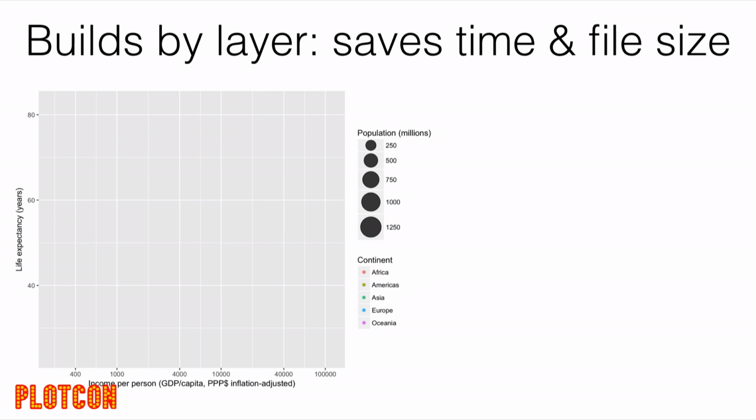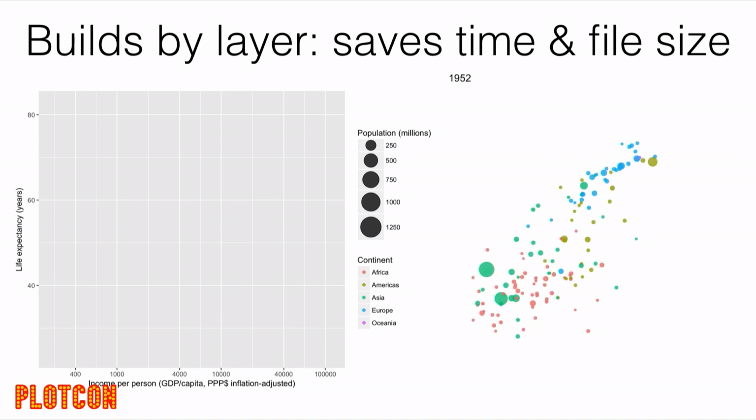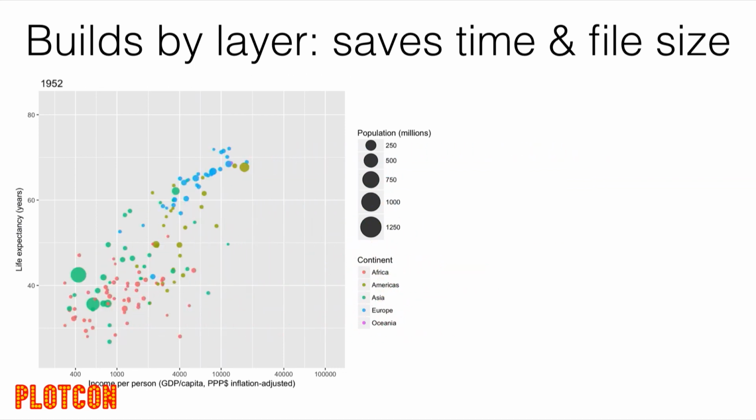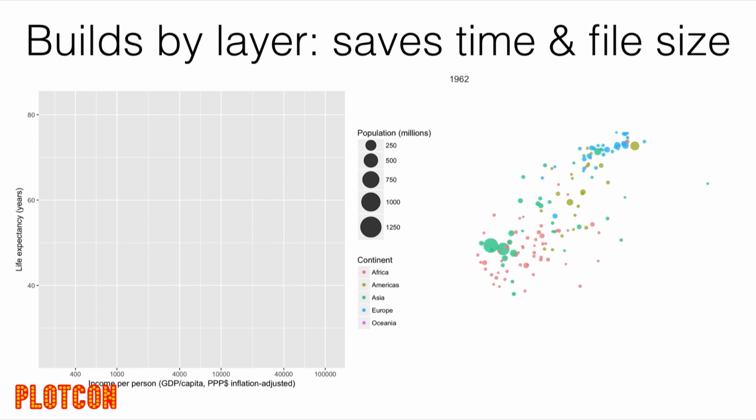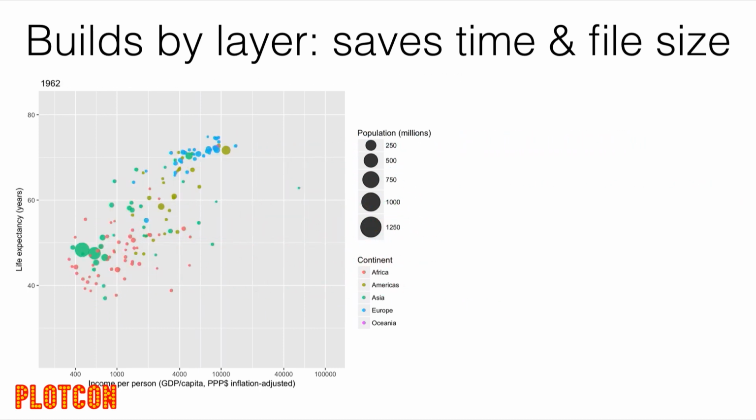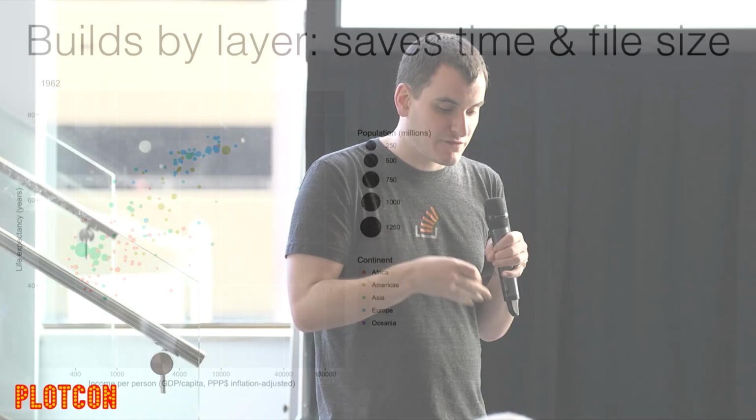So it doesn't actually build a separate plot for every single time point. Instead, it builds the background once, then creates one transparent plot for 1952, throws that on, one for 57, throws that on, one for 62 throws that on, and using ImageMagick, this ends up combining them into an animation. This ends up being a lot more efficient to create a GIF, an animation that's very compact and fast to create.